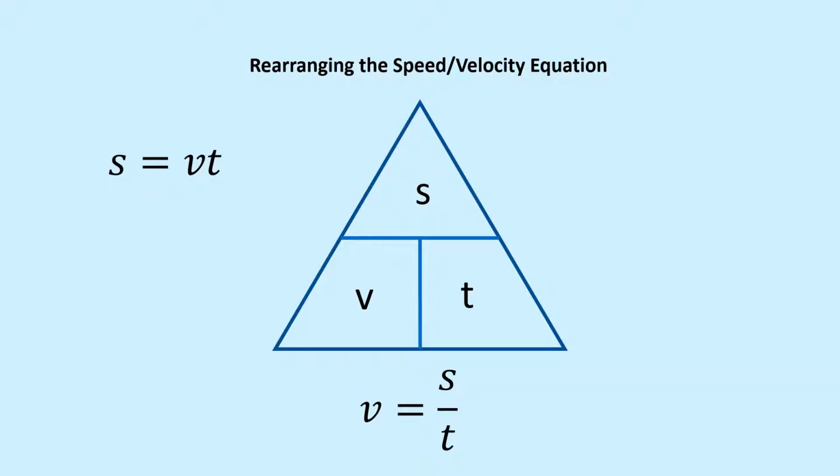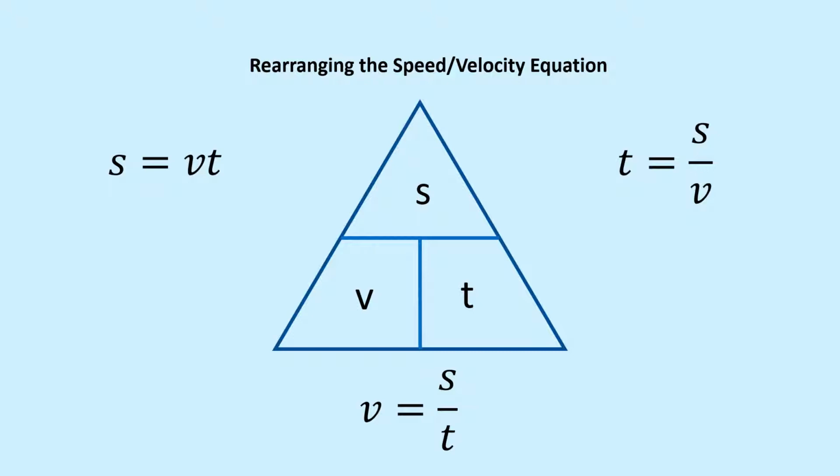Or you might put your finger over the letter T, and that helps you to remember that T equals S over V. And this is a great method for figuring out which version of the speed equation you want to use in a calculation. It works really well.